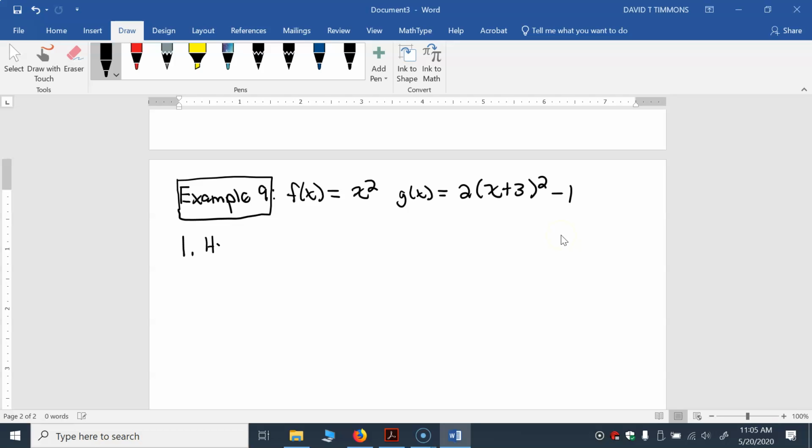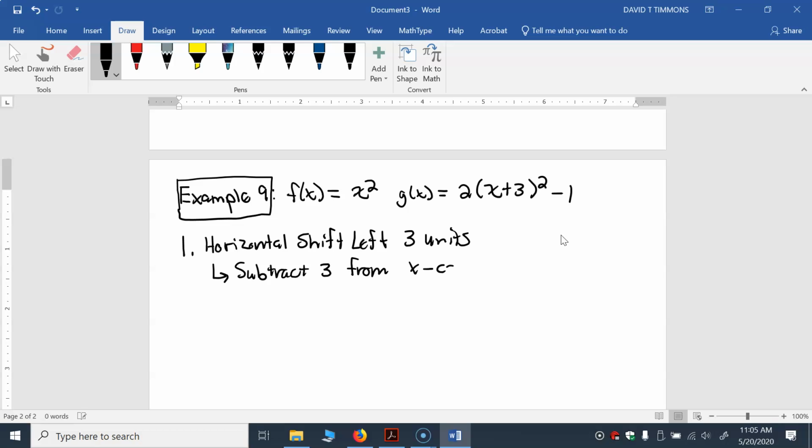So here, first thing we'll do, right, horizontal shift left 3 units. And so what we'll do is subtract 3 from the x coordinates.